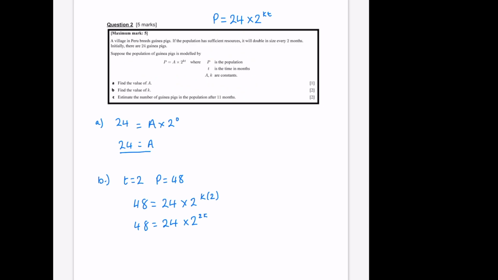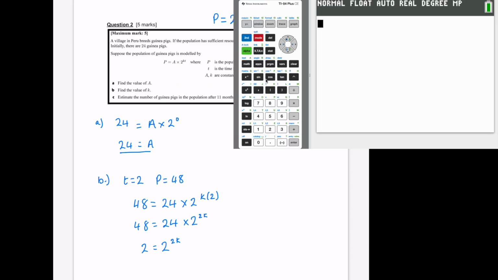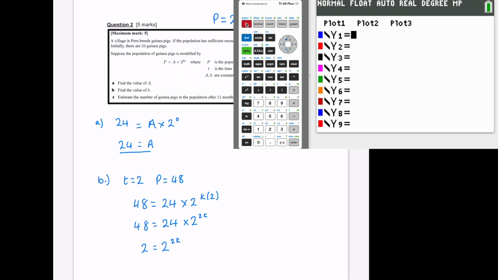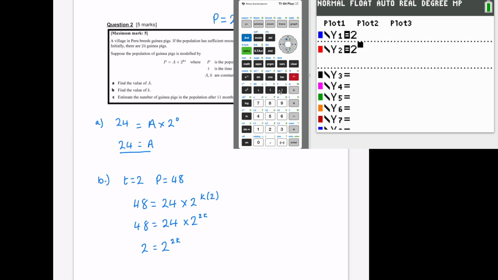So I need to rearrange that. So if I divide by 24, 2 is equal to 2 to the power of 2k. And then I'm trying to find my value of k. So to solve that, I'm going to go to my laptop, and I'm going to type in 2 graphs. On one side we want 2, and on the other side we want 2 to the power of 2x.